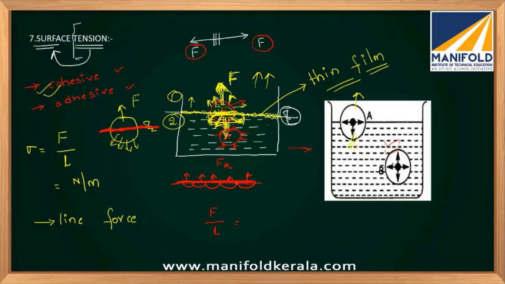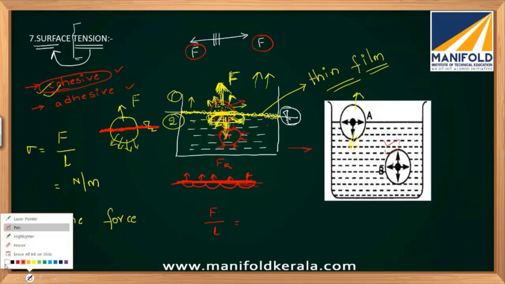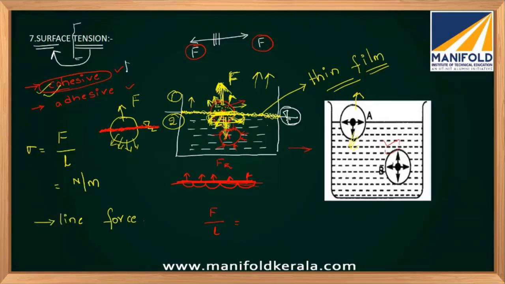Addition of all the molecules forms a thin film. So this is called the surface tension phenomenon. Clearly, it is due to cohesive forces. When do cohesive forces change? They change with respect to temperature. If the temperature of the fluid particles changes, cohesive forces change.